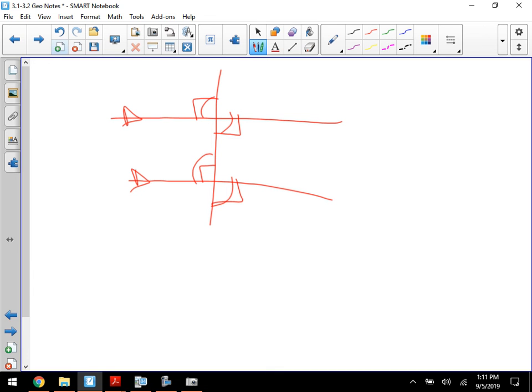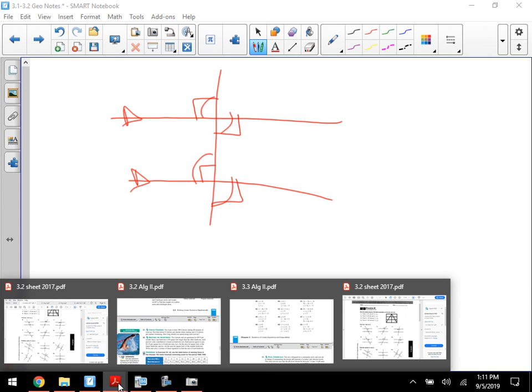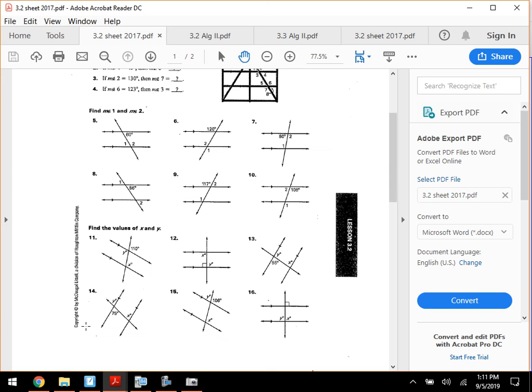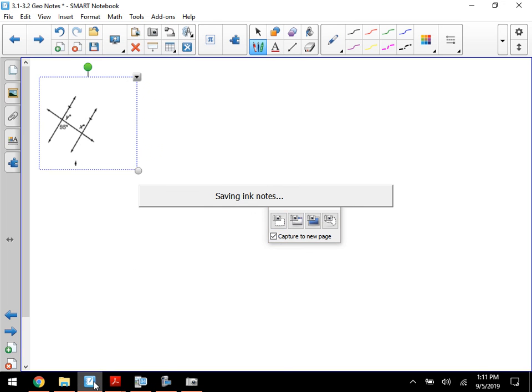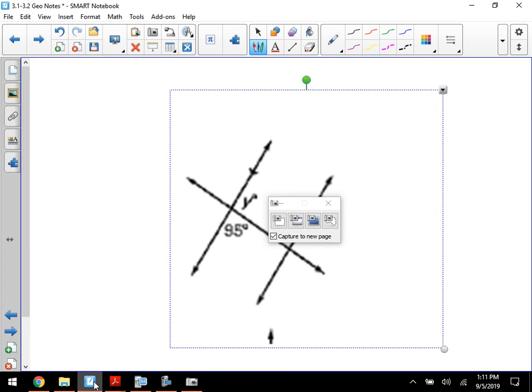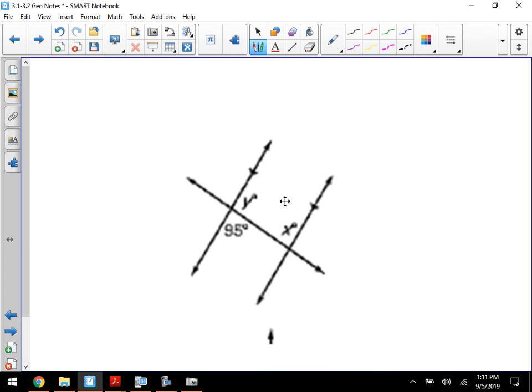Now, look at the difference between that one and 13. What's different with the picture on 13 versus the ones we've been doing? Yeah. It's twisted, isn't it? What would you do to your paper to make it look like everything else we've been doing? Pace yourself.